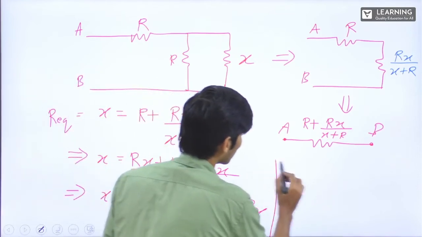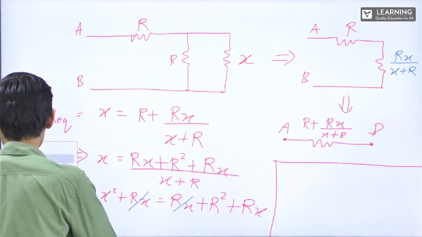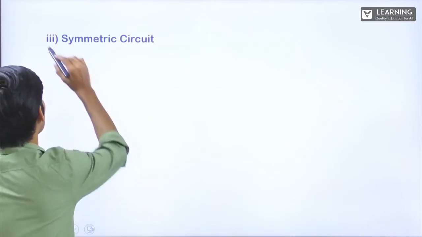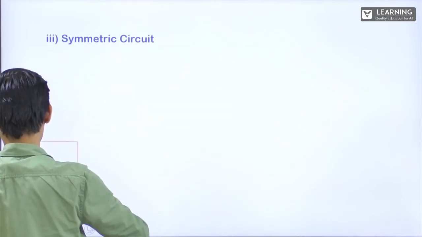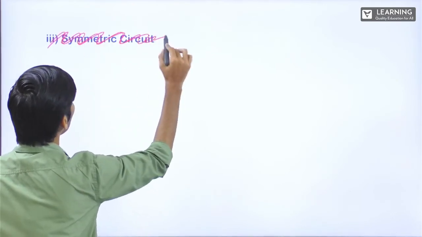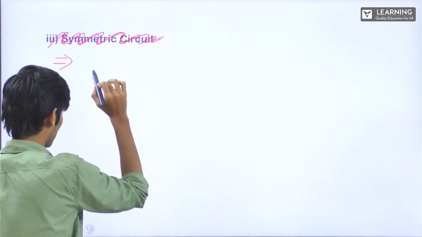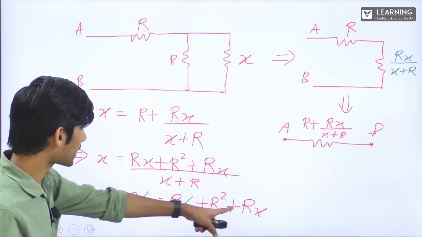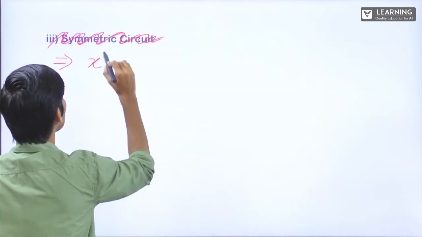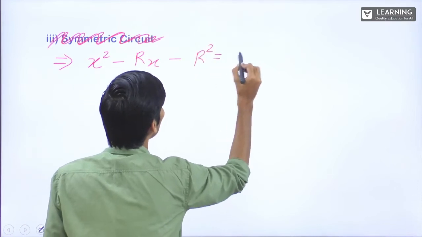Now what we got from here, or let us go to the next page. Forget this for now. I'm continuing this only. So this Rx will come this side, this R square will come this side, it will be x square minus Rx minus R square is equal to 0.